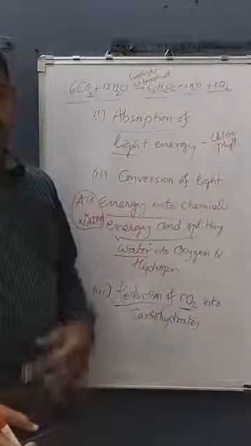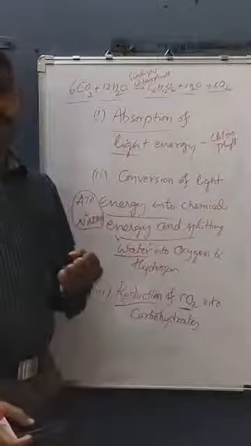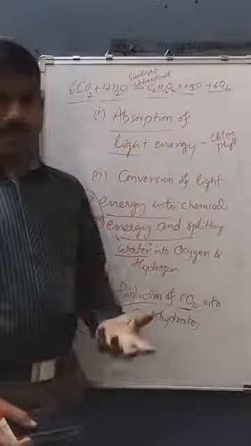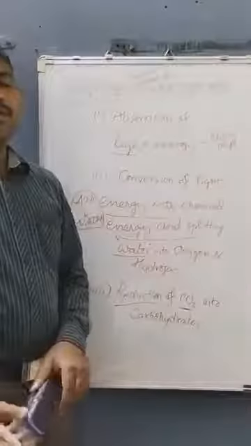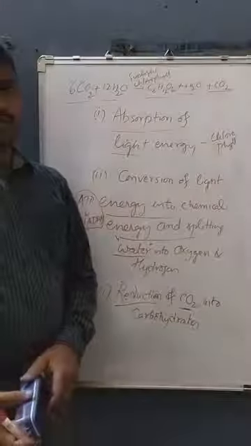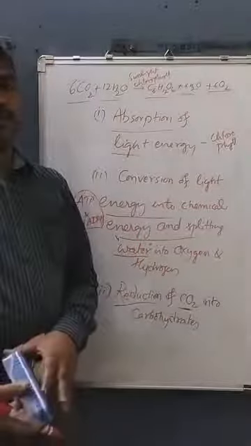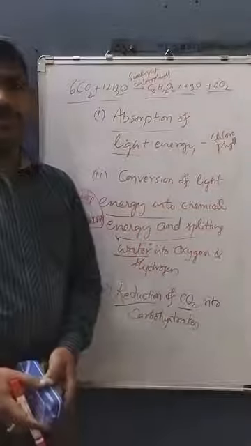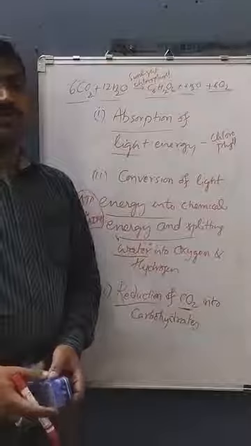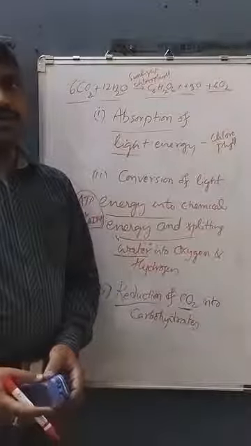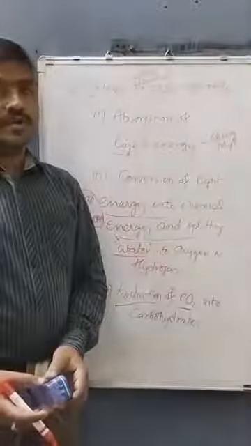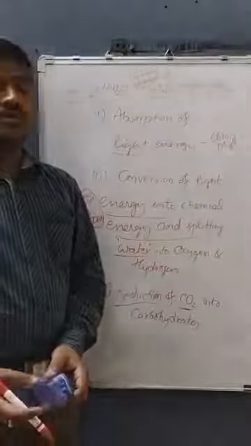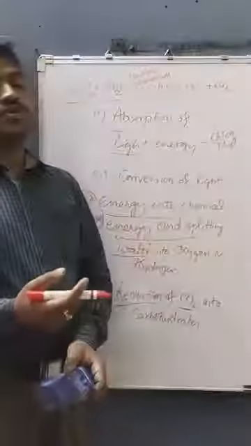These three steps may take place continuously in some plants, one after another immediately. In some plants, they take place with a gap. For example, in desert plants, CO2 can be taken in only during the night time, because CO2 is taken in through stomata.